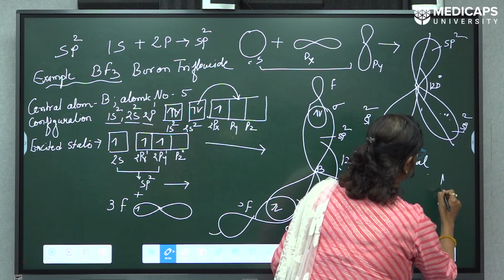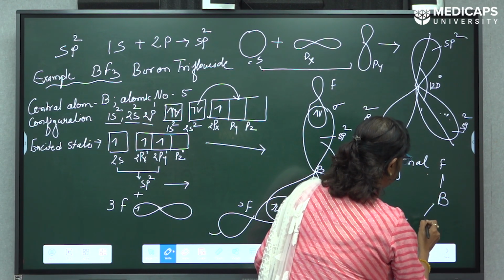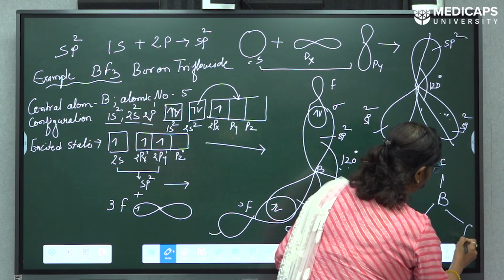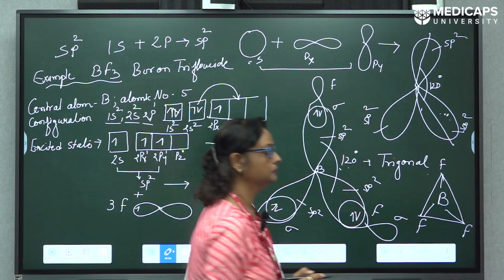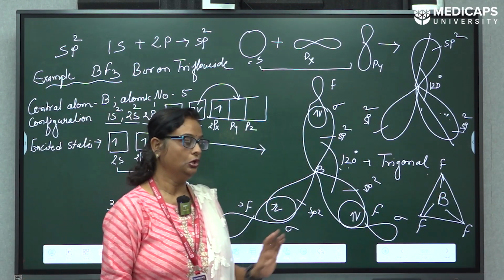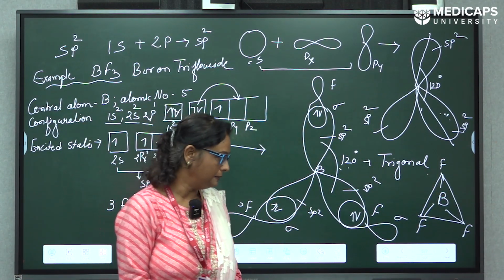In this, boron is the central atom and 3 fluorine. This is the bonding of BF3. So this is all about the sp2 hybridization.